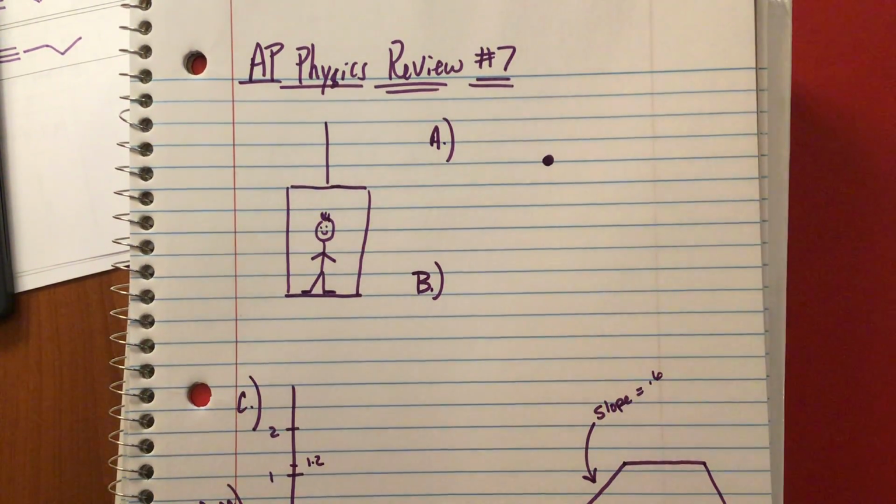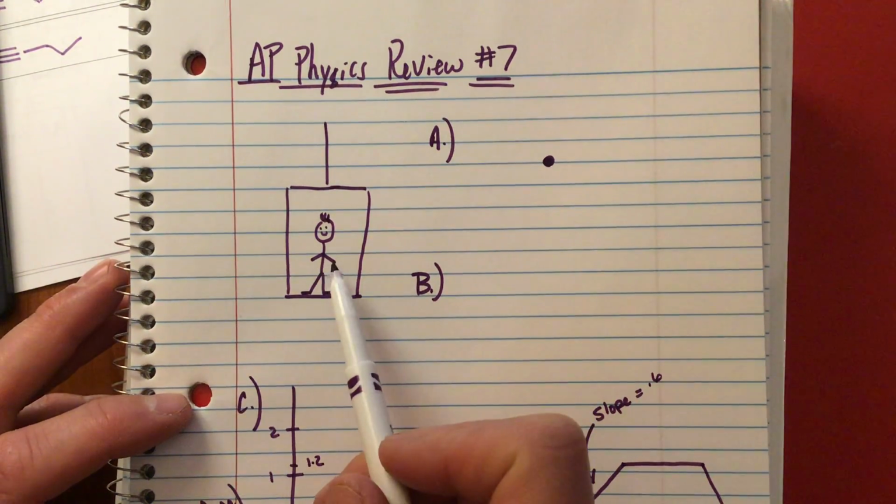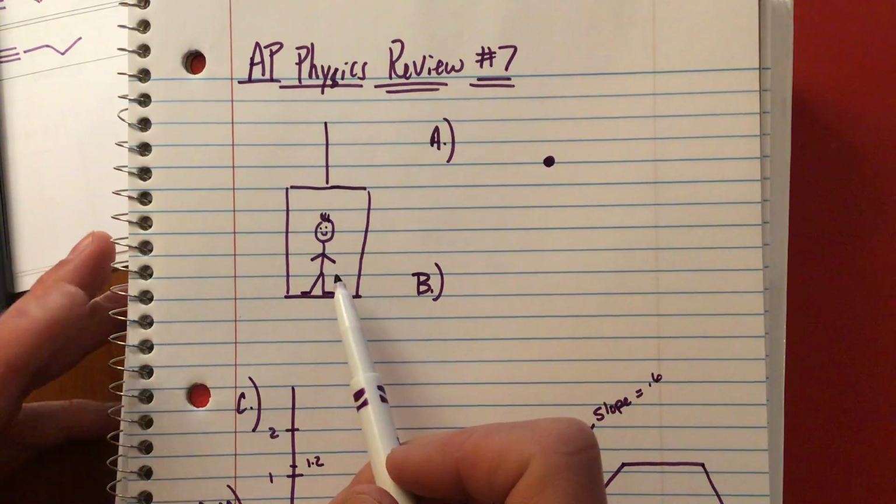And it says we have a student of mass M standing on a platform scale in an elevator in a tall building. The positive direction for all vector quantities is up. It says draw a free body diagram showing and labeling all the forces acting on the student, who is represented by the dot. Well, they don't say what the elevator is doing, so I'm going to assume that it's at rest.